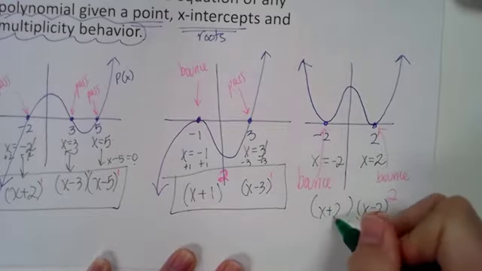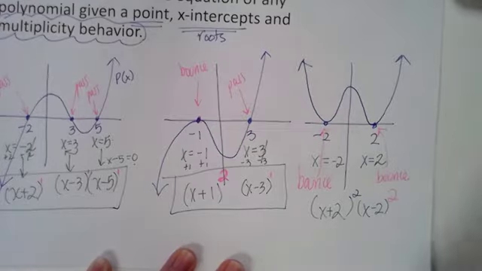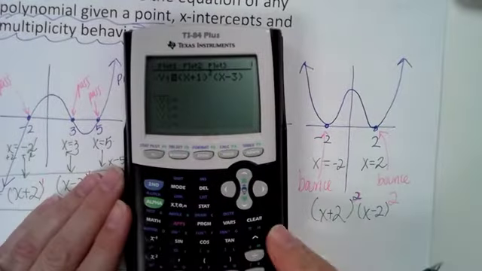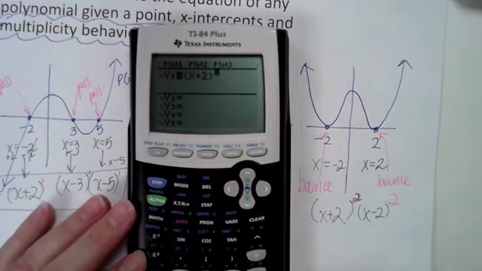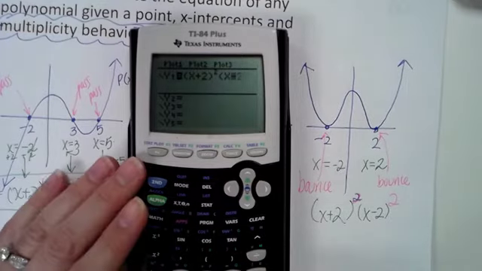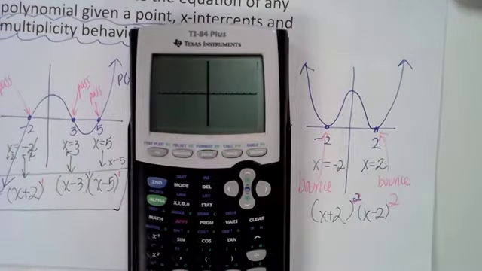X plus 2. And what's its power? Squared. Let's see what happens. Let's test it. We have x plus 2 quantity squared, and then we have x minus 2 quantity squared. You'll notice they have to have x's in there in order to graph on an x-axis. Hey, look at that!